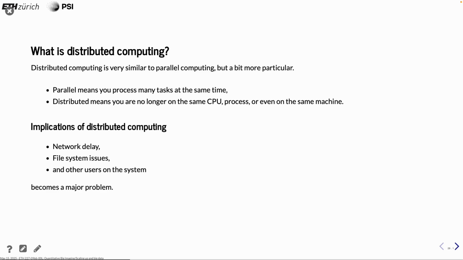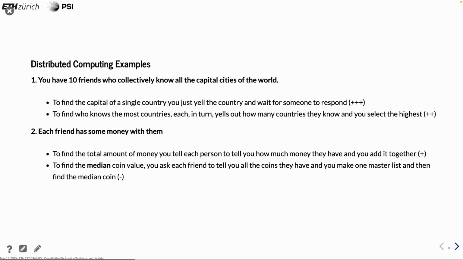That's why there are many customers adding on to the system, and everybody wants their share of the processing power. And here are different examples of tasks that you can optimize for distributed computing. Assumption one: you have 10 friends, and they all know all the capitals in the world.